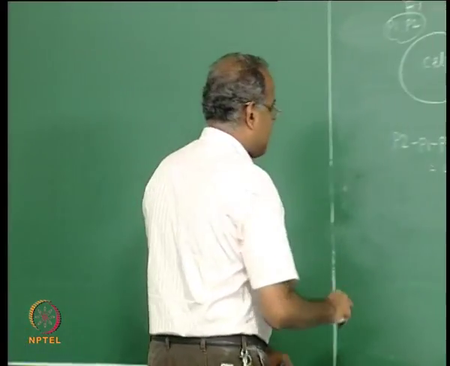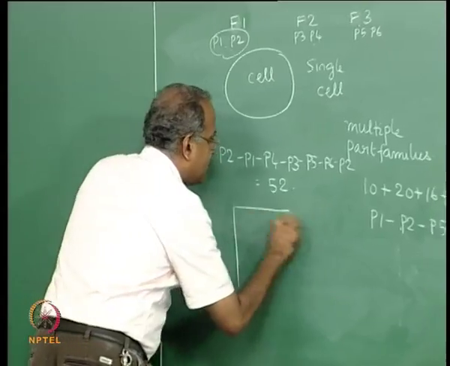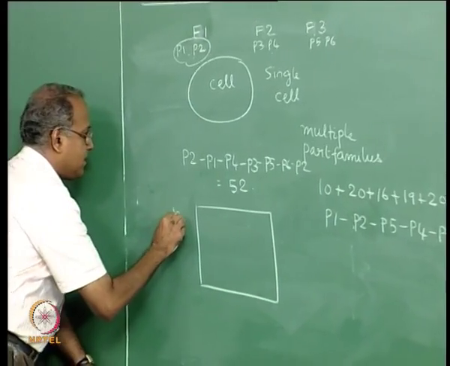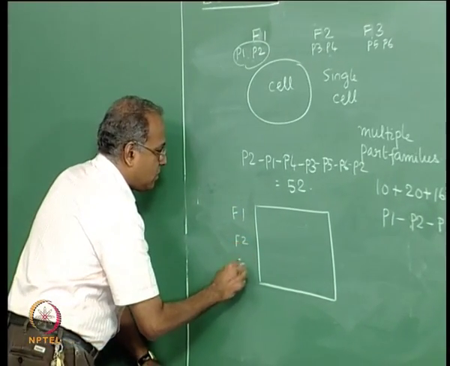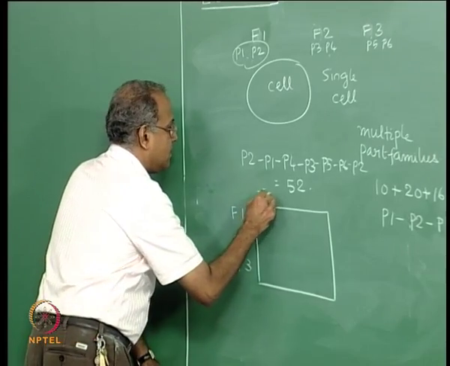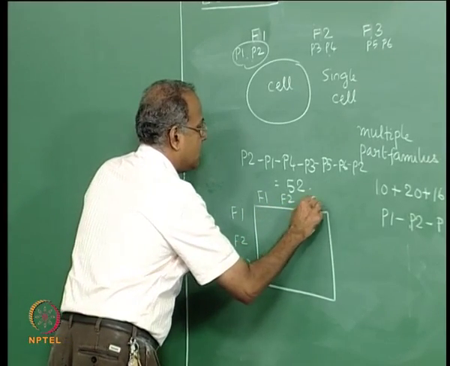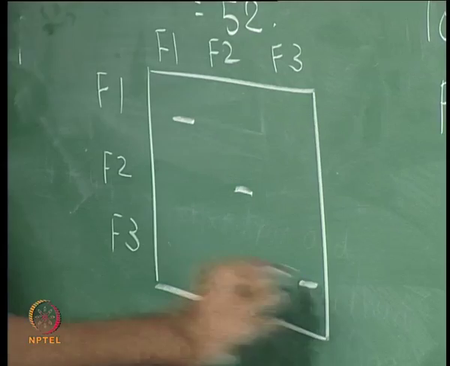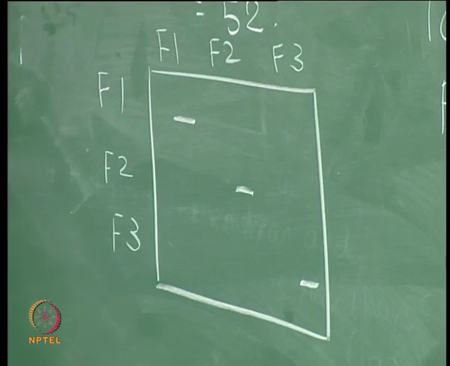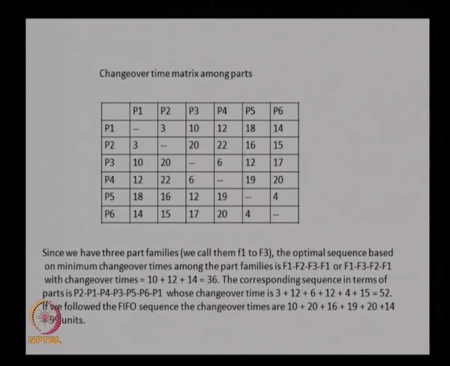So, we could go back to this and create a 3 by 3 TSP with F1, F2, F3 on both axes. If we look at F1, it comprises P1, P2, and F2 comprises P3, P4.